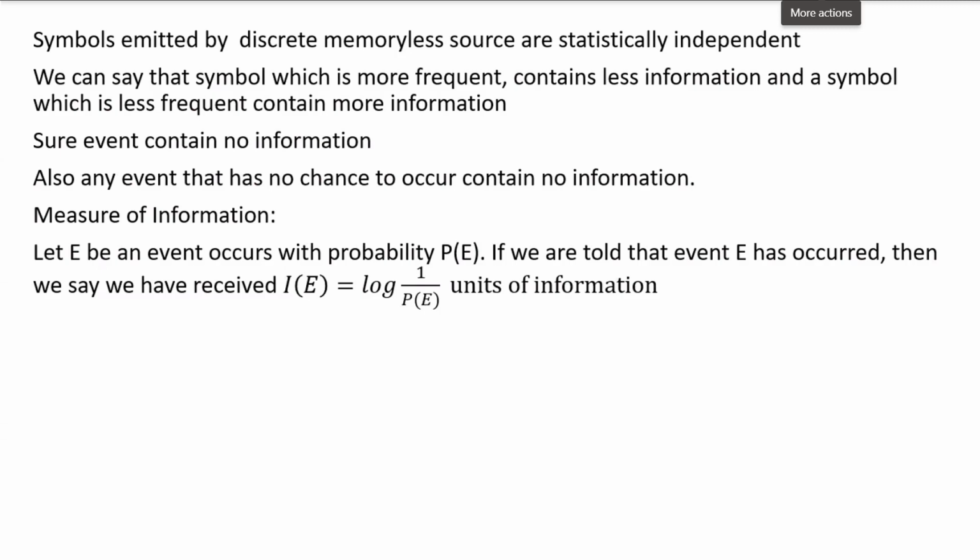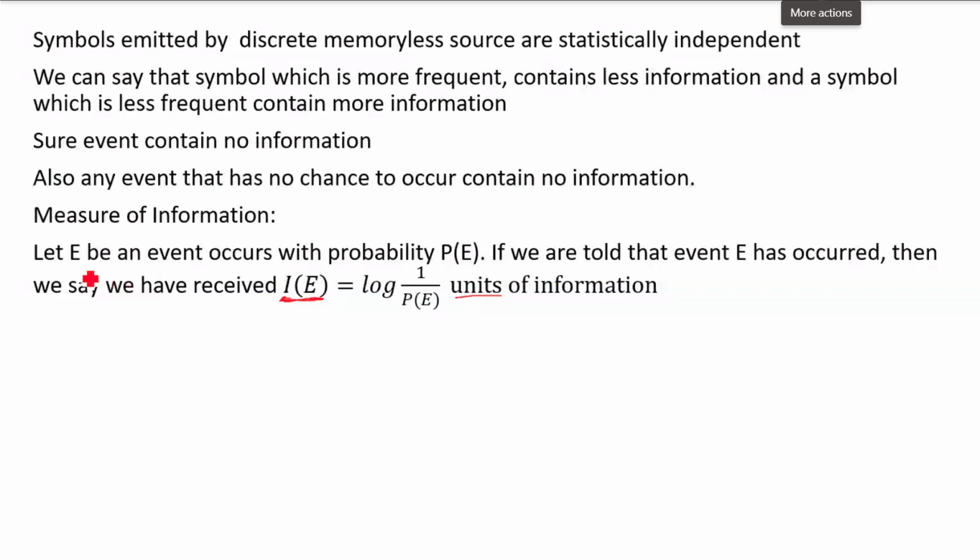If we are told that event E has occurred, then we say we have received I(E), where I stands for information and E stands for an event. The information content of an event is I(E) = log(1/P(E)). I have not put the base because, in general, it is in units of information.